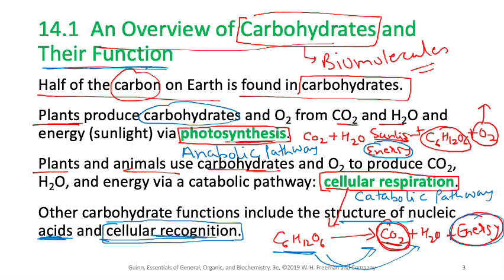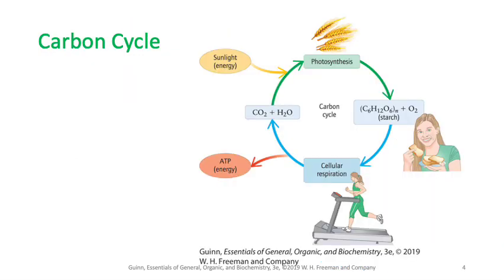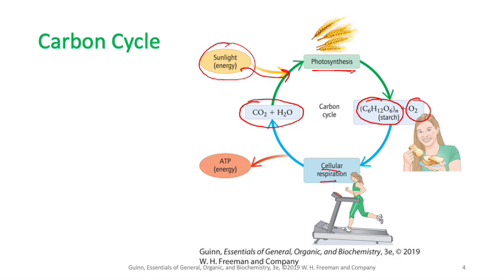Okay, so now let's go to the next slide, and let's talk about the carbon cycle. In the last slide we talked about photosynthesis and cellular respiration, right? Photosynthesis is a process where plants use carbon dioxide and water, with the help of an input of energy, to produce a carbohydrate and oxygen, right?